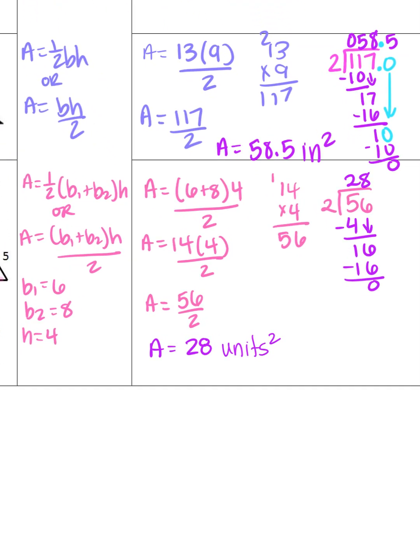If it makes sense, when I get to this step over here of 14 times 4 divided by 2, or even before that really, I could go ahead and divide there the 14 and 2 and make that a 7 and that a 1. And then I'm left with 7 times 4, because anything divided by 1 is itself. So that'd be 28 square units.